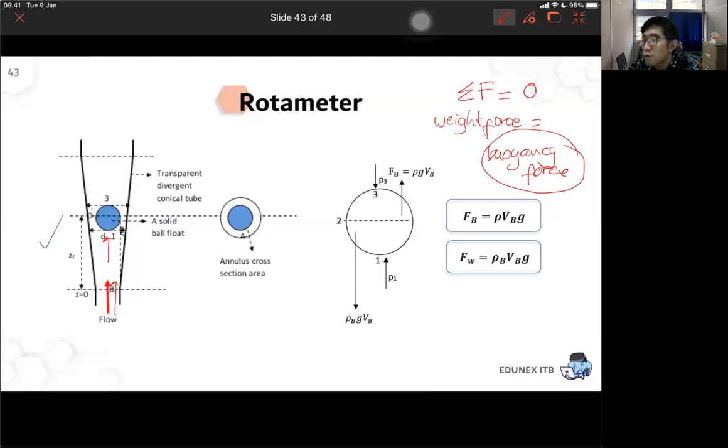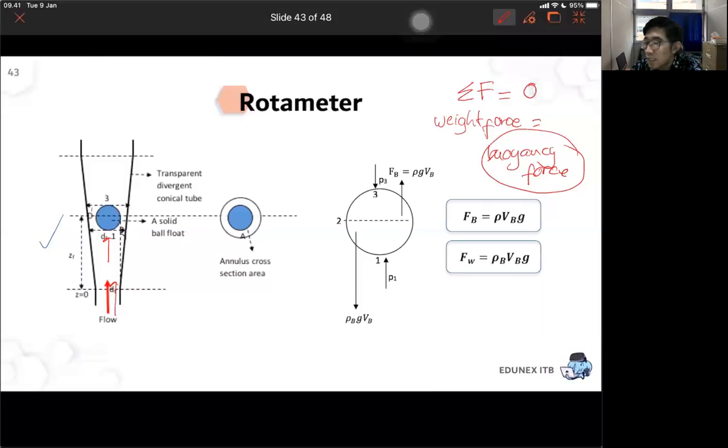So the buoyancy force is actually the difference between the upward pressure force and the downward pressure force. So please remember, if you already calculate the buoyancy force, you do not need to calculate the pressure force, because the delta between the pressure force from above and from below is already calculated in the buoyancy force.